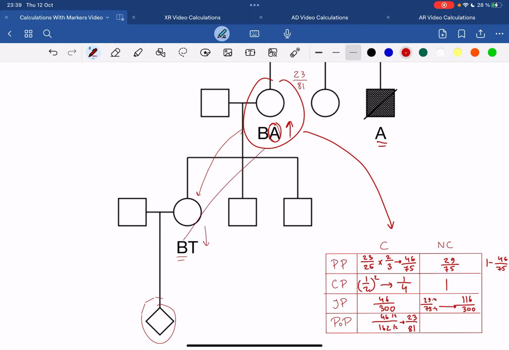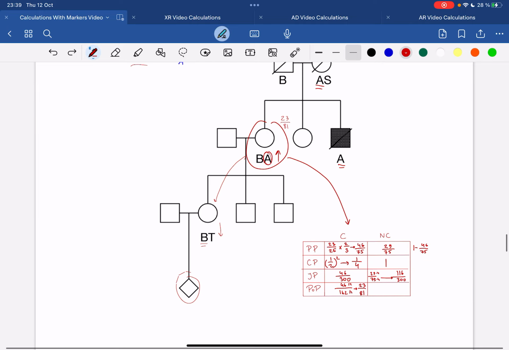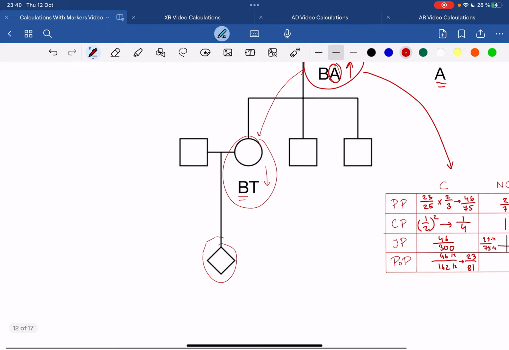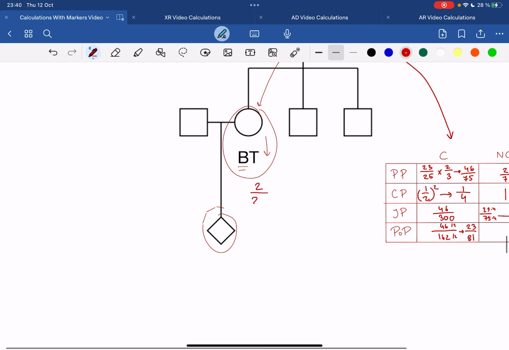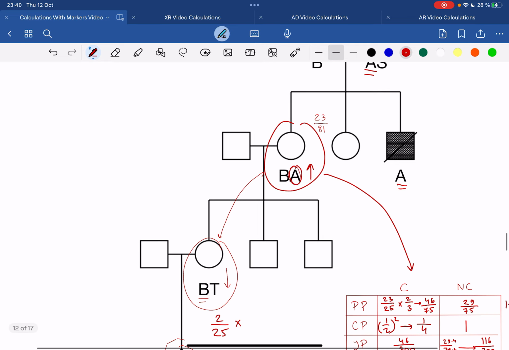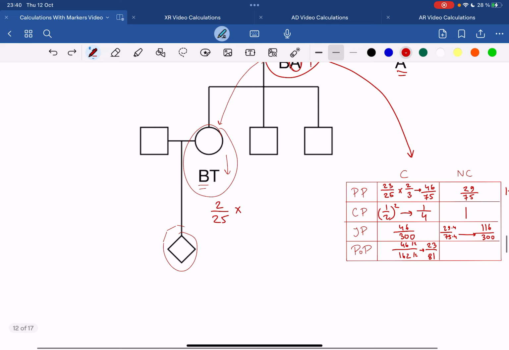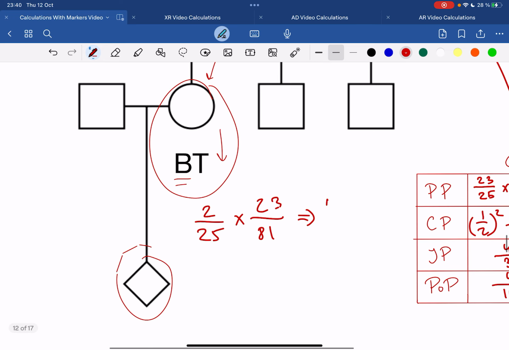Because this B could still be an A undercover if there is a crossing over occurring. 2 out of 25 times the mother's risk of being a carrier, which is 23 out of 81. That is equal to 46 over 2025.